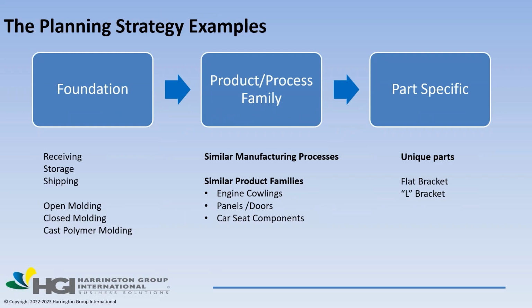So here's some examples. When we say foundation, we mean the common reusable information across all manufacturing, like receiving or shipping, perhaps storage. Product family is shared information across common parts, and process family is shared across all product families.